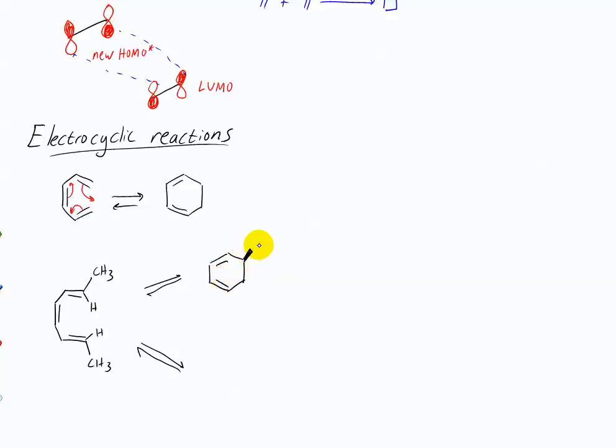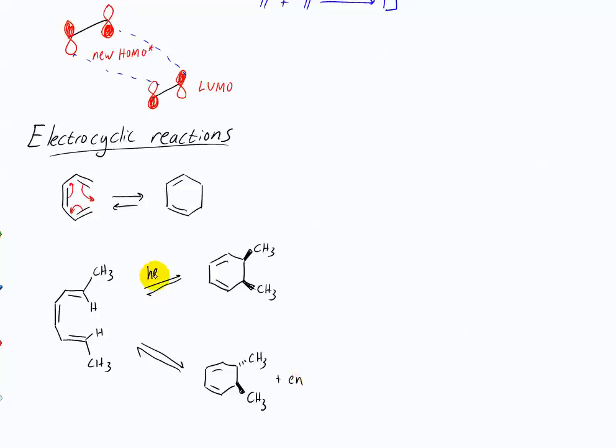We could end up with the methyl groups on the same side, or we could end up with the methyl groups on the opposite side. And it's an enantiomer. The top one doesn't have an enantiomer because it's achiral. It's meso. Okay?